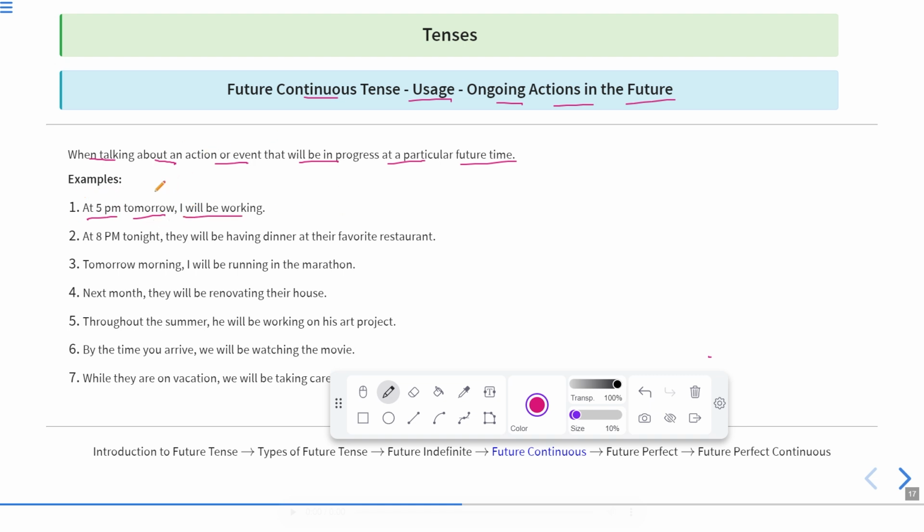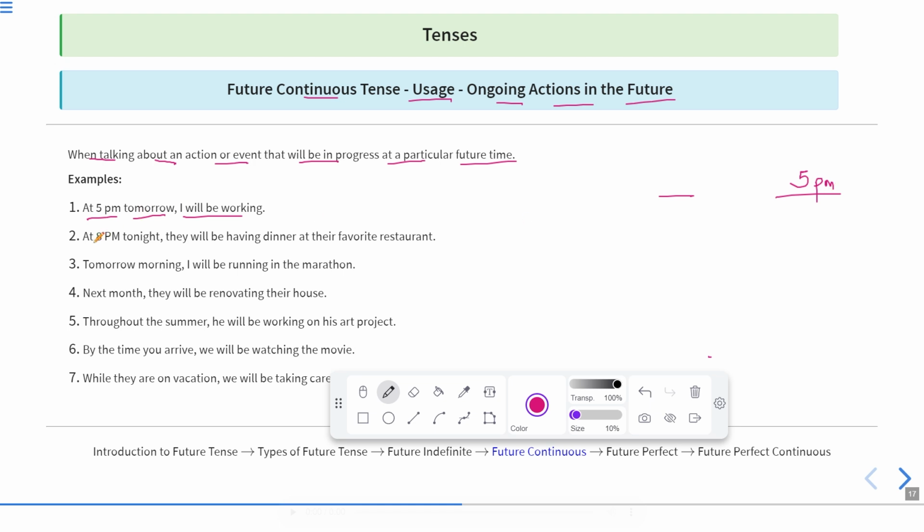Okay, so he will be working at that time at 5 p.m. tomorrow. It means today he's saying something, and he's actually planning or imagining the situation or the action that will be going on, that will be occurring at 5 p.m.